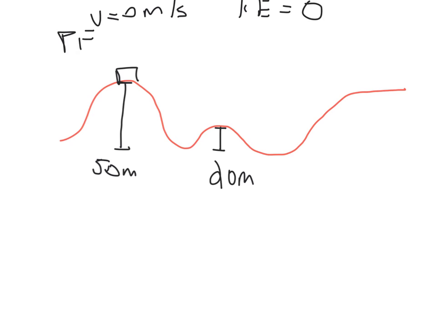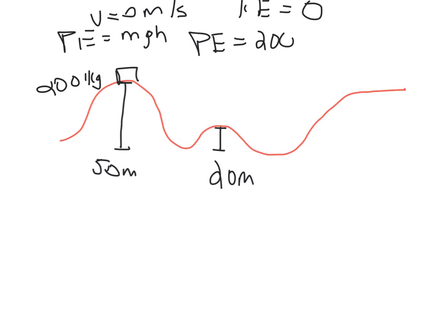So let's go ahead and calculate for that. Potential energy equals mgh. And let's just say for the sake of argument that it is a 200 kilogram cart or train. Apologize for my bad handwriting. So our potential energy at the top is going to be m, that mass, 200, times our acceleration due to gravity, that lowercase g of 10, times that height of 50 meters.